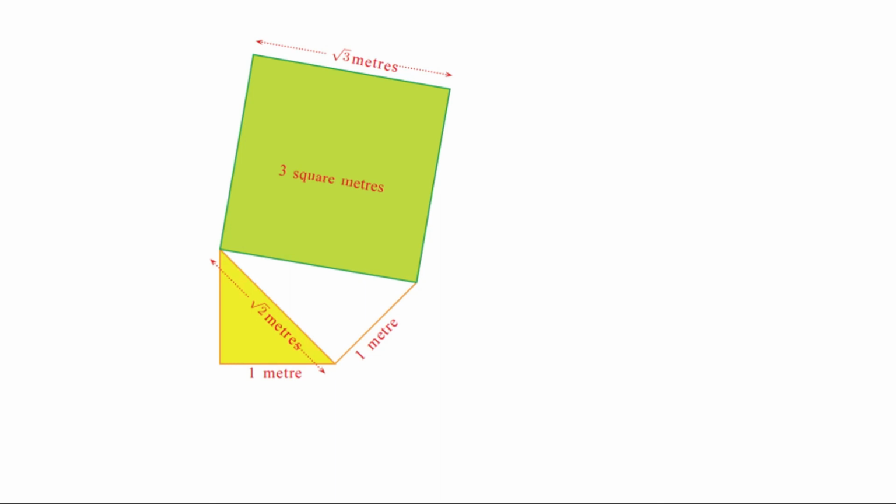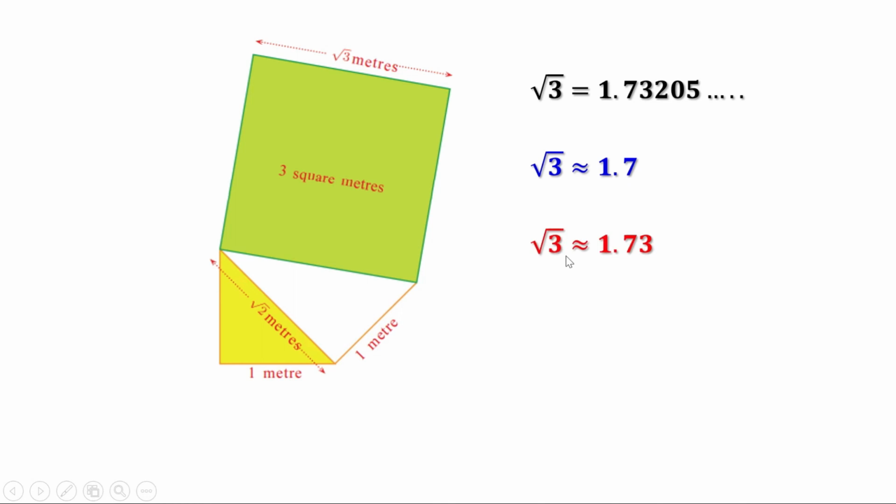Doing as we have done in the case of root 2, we can see that 1.7, 1.73, 1.732, etc. get closer and closer to root 3. Therefore, we can say root 3 equal to 1.73205, etc.